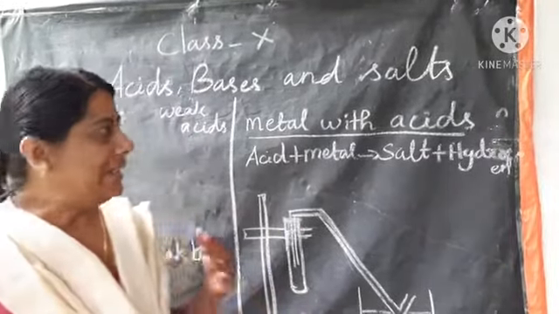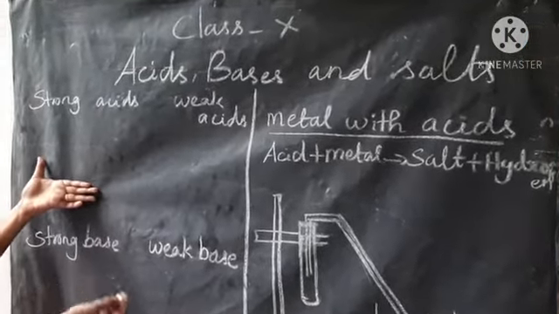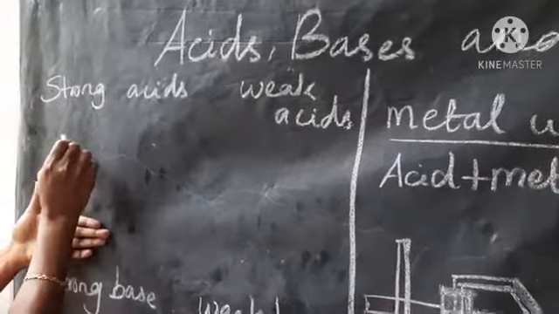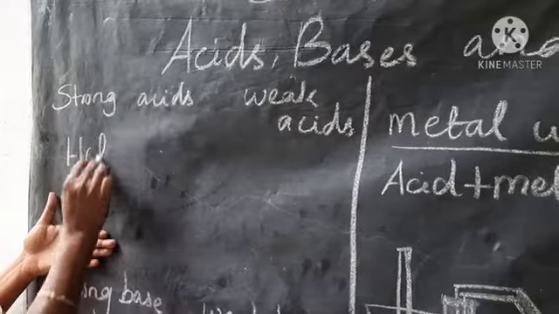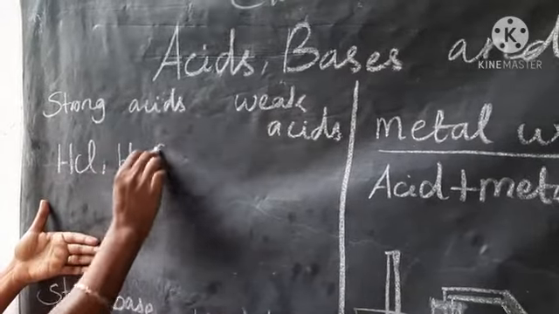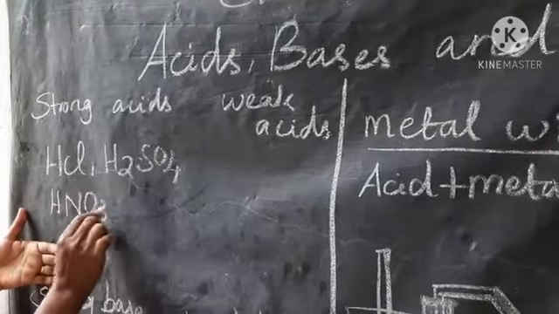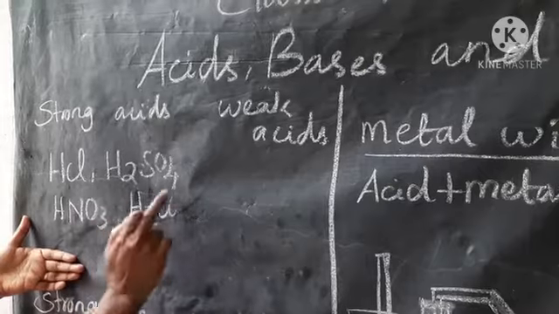Now, let us see types of acids, bases and salts. Strong acids, I told you. All the synthetic acids, that means hydrochloric acid, sulfuric acid and nitric acid, then carbonic acid. These are strong acids.